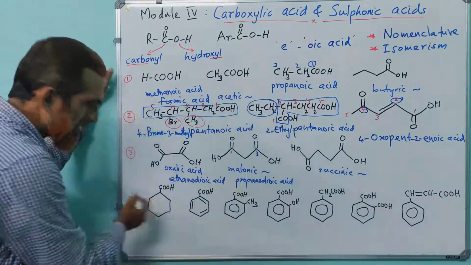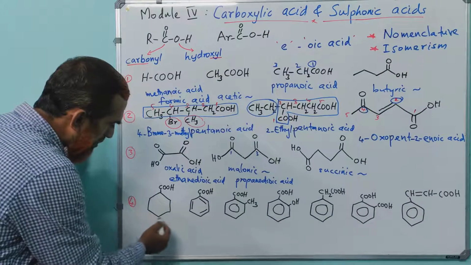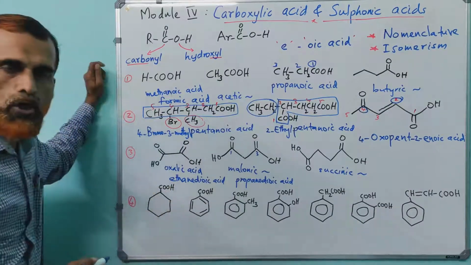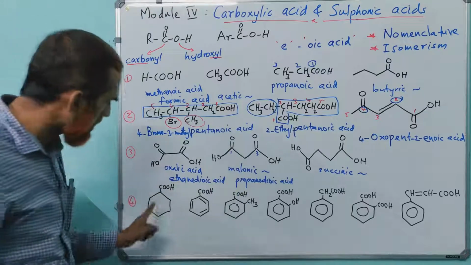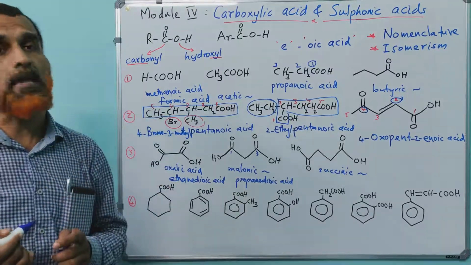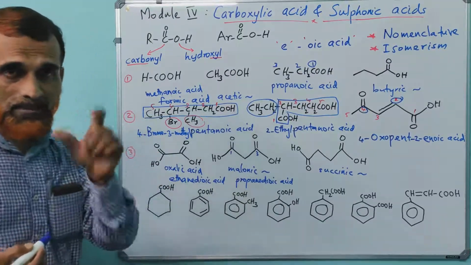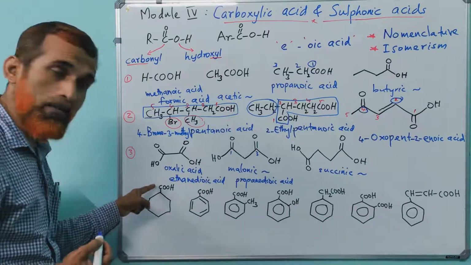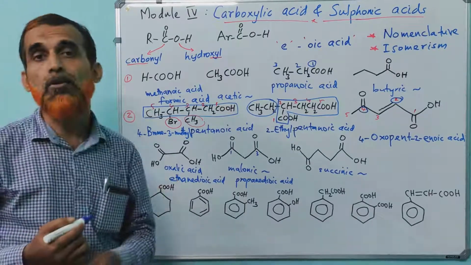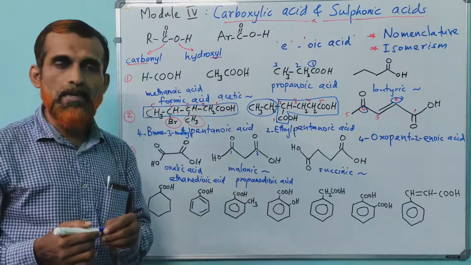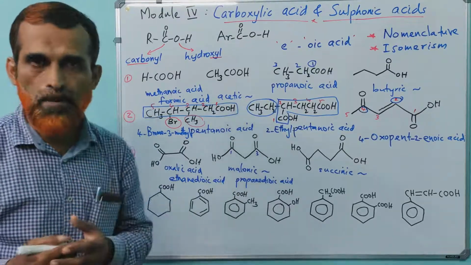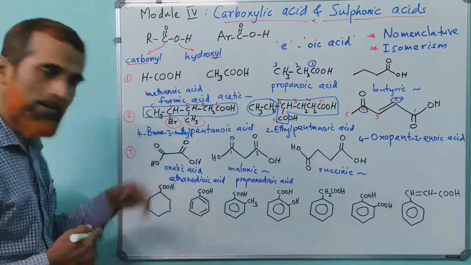Okay. The first one. What is the parent name? What is this ring? Cyclohexane. You cannot call this compound cyclohexanoic acid. Why? Because that doesn't include this carbon. When you say cyclohexanoic acid, the implication is that there are 6 carbons, cyclohex, but there are 7 carbons.